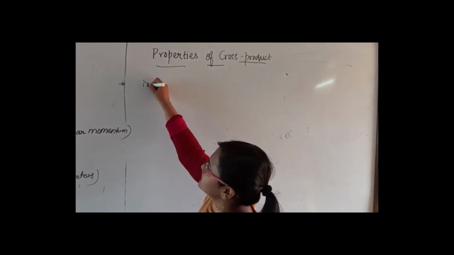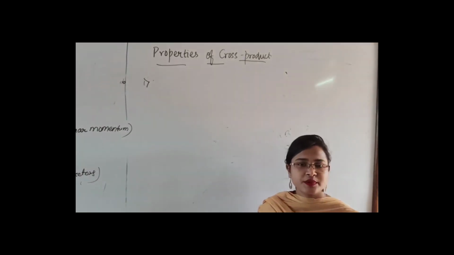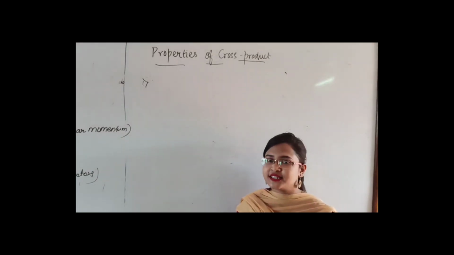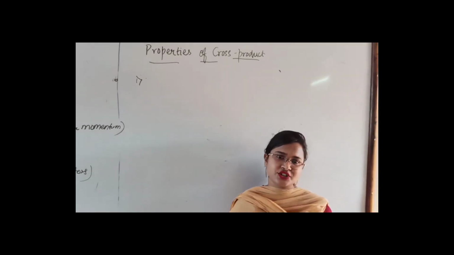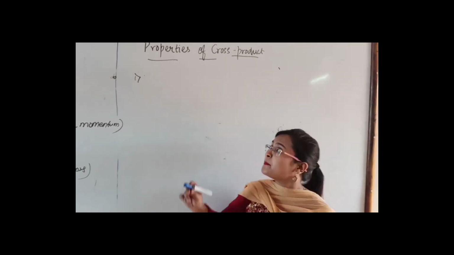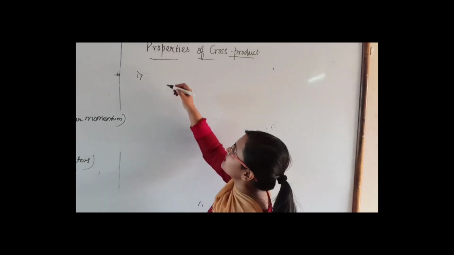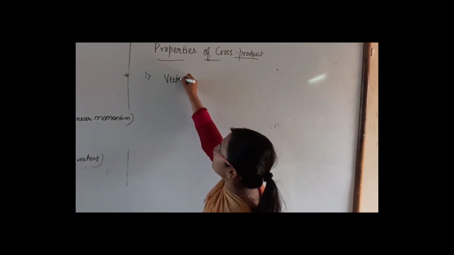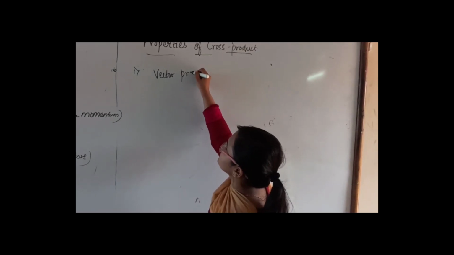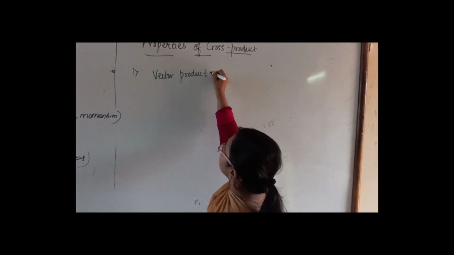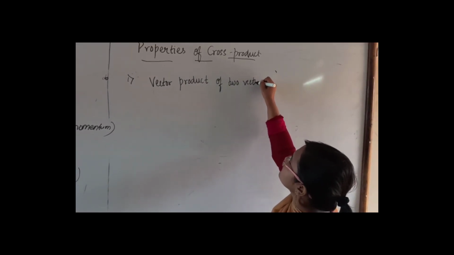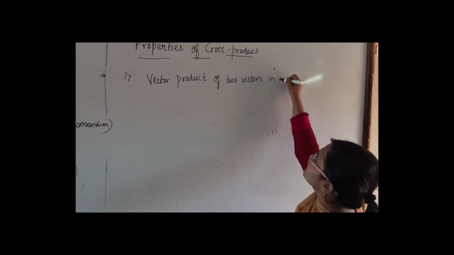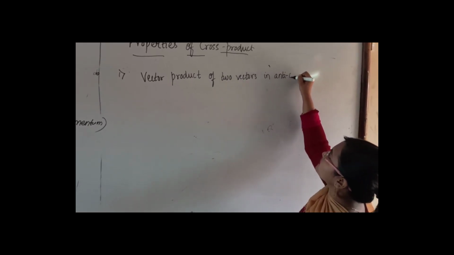The very first basic property is that the cross product of two vectors is anti-commutative. In dot product we learned that it is commutative, that is A dot B equals B dot A. But in this we will learn that the vector product, or we can say the cross product of two vectors, is anti-commutative.